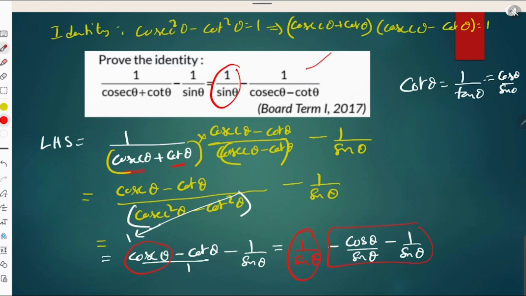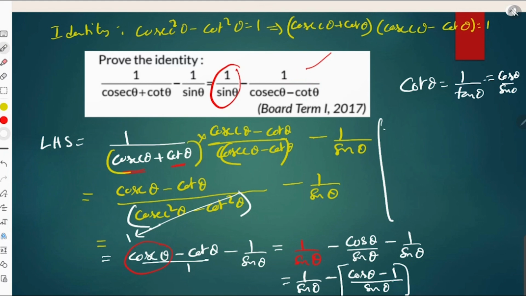So that's what let's see. 1 by sine theta is as it is, you leave it. The denominators are the same, so we get cos theta minus 1 by sine theta.